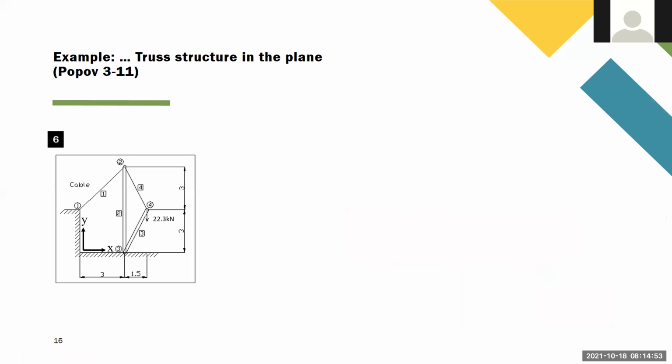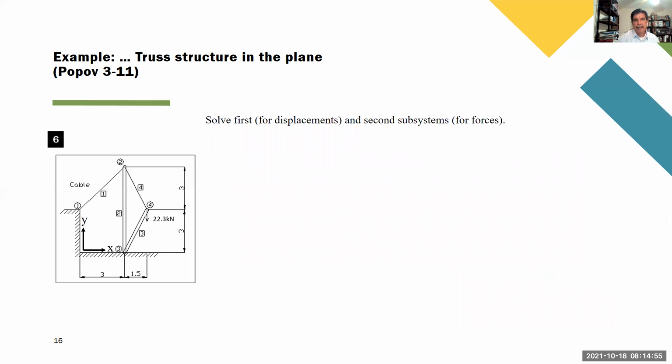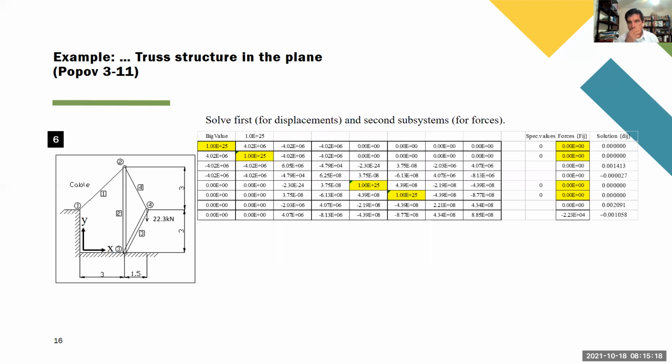Okay, no problem. Okay, now let's go on. Now, remember, if you calculate the determinant of that matrix, that's going to be 0. So what we have to do is apply boundary conditions and then solve first for the unknown displacements.